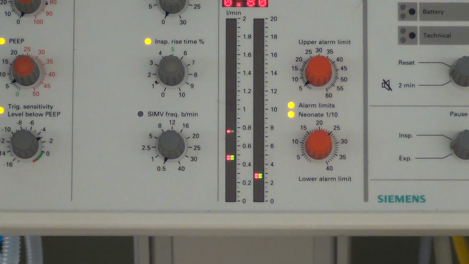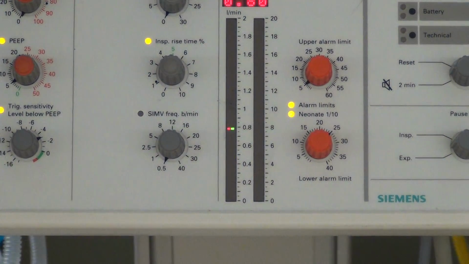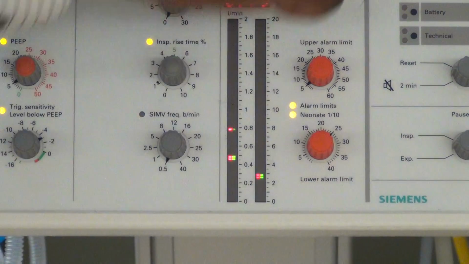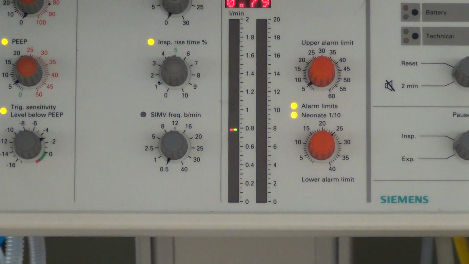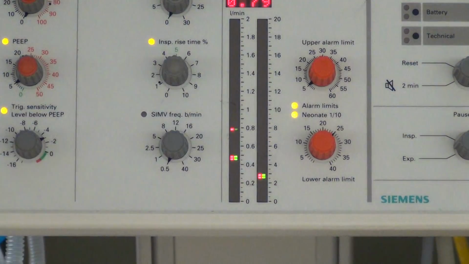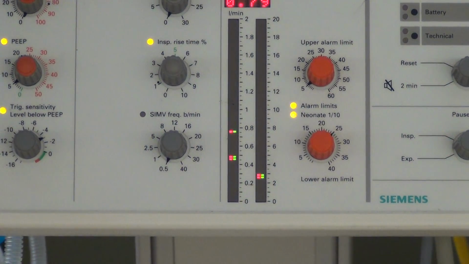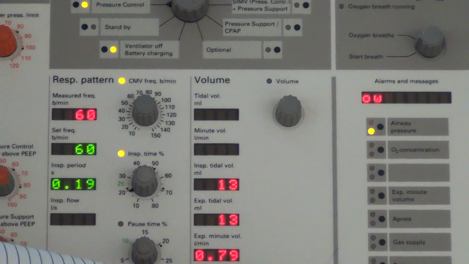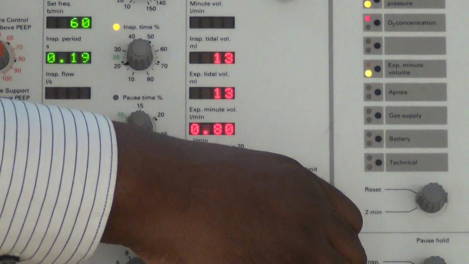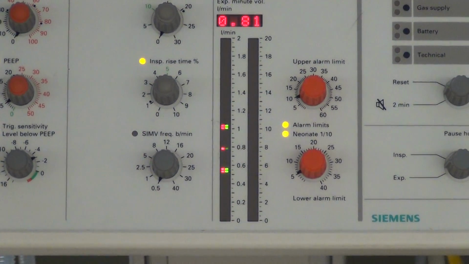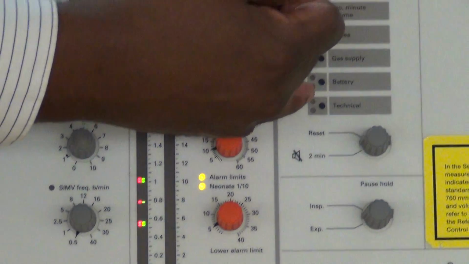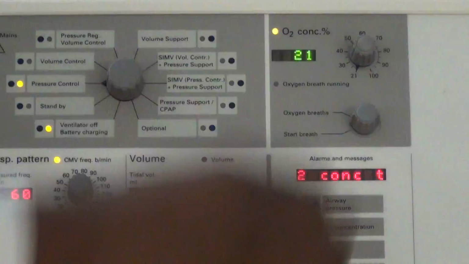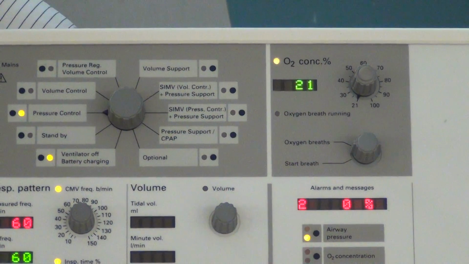They're both flashing at you. They're not set appropriately, and as long as they're set like this, they're going to flash. And notice, it's going to tell you what's wrong up here on the bar. So just make sure that you can set these appropriately. Those are the alarms. Then we have any other alarms that are displayed there. FiO2 here, we'll put it on 21%, and that's it.